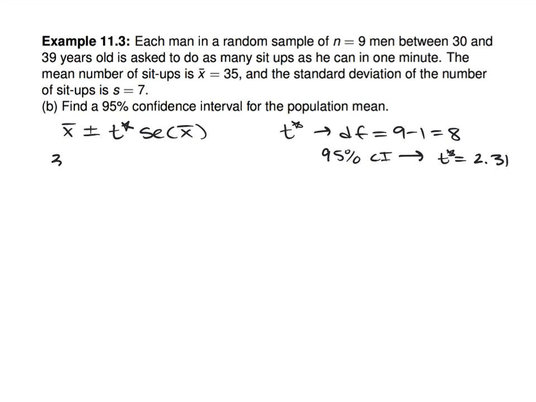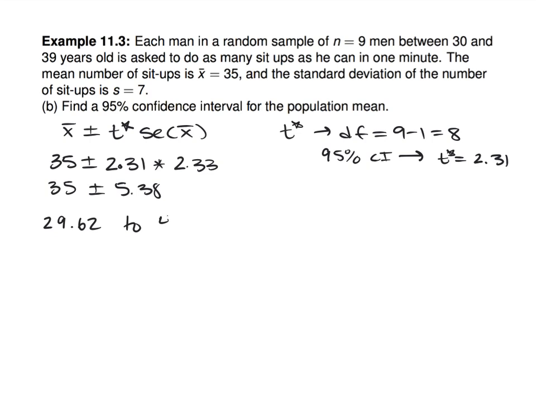Okay, so we have x bar is 35 plus or minus 2.31 times the standard error of x bar, which was 2.33. 35 plus or minus 5.38. Roughly speaking, this is 29.62 to 40.38, and let's just round to a whole number of sit-ups, about 30 to about 40.